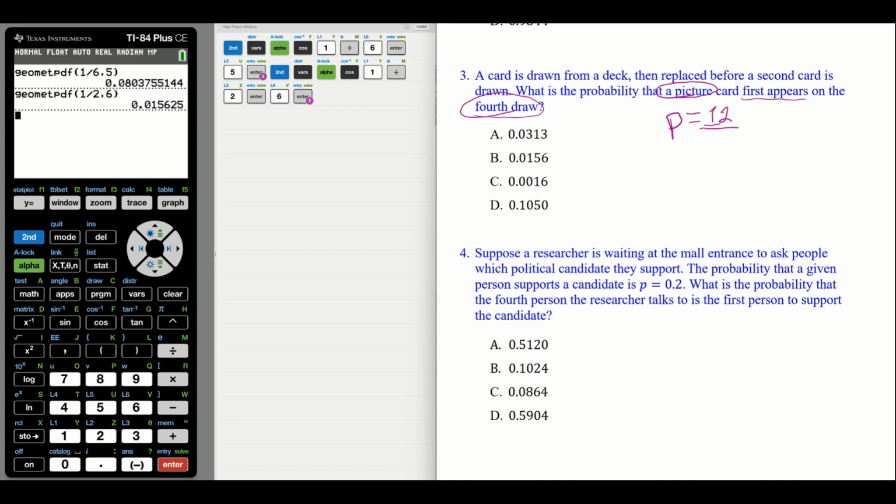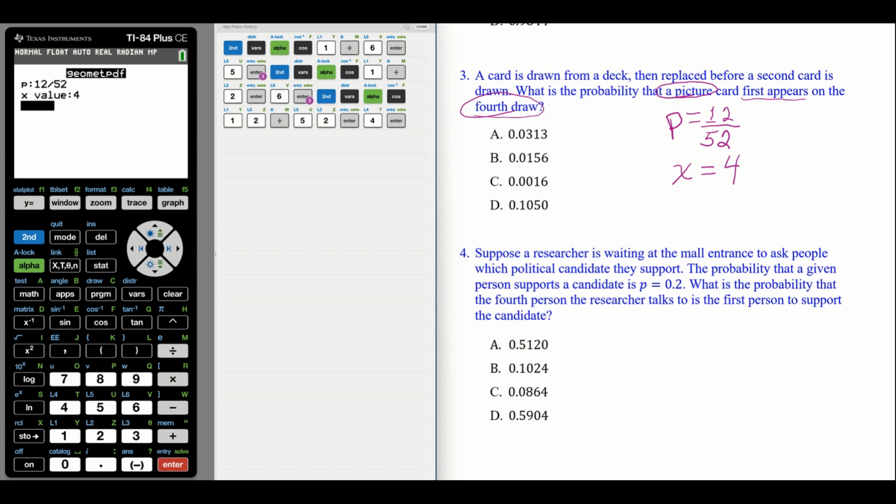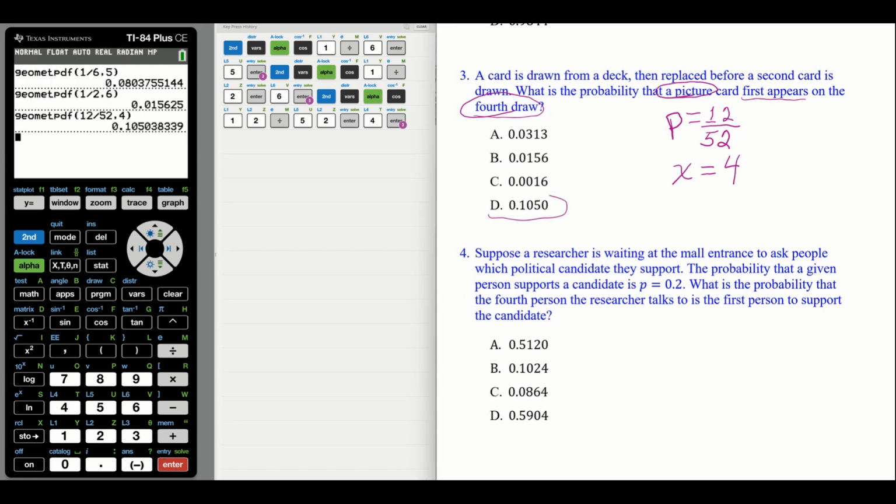We have 12 out of 52, and our x equals 4. Second, vars, alpha, cosine, and our probability 12 out of 52. Enter. First time on the 4th draw. And that is option D.